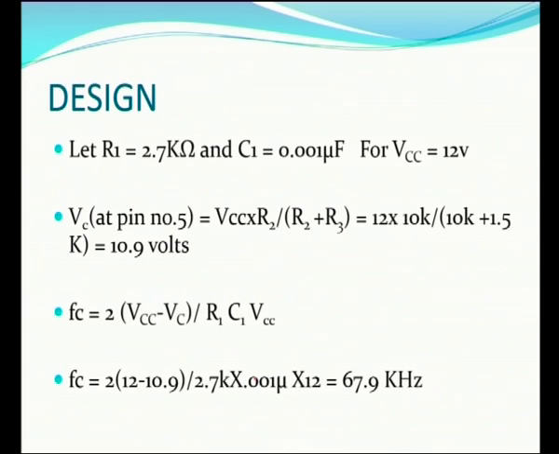The Vc, the voltage at pin number 5, will be Vcc into R2 divided by R2 plus R3. These are the resistors acting as voltage divider bias between Vcc and Vc.